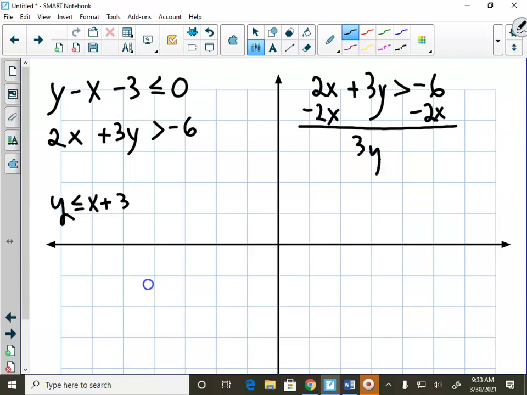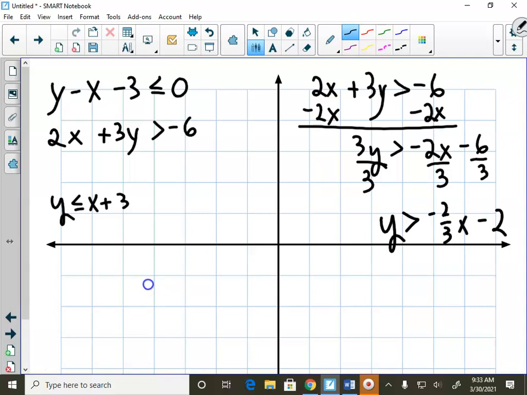So now we have 3y is going to be greater than negative 2x minus 6. And then we'll divide both sides of the inequality by 3. So y is going to be greater than negative 2/3 x minus 2. So that's going to be our second equation: y is going to be greater than negative 2/3 x minus 2.